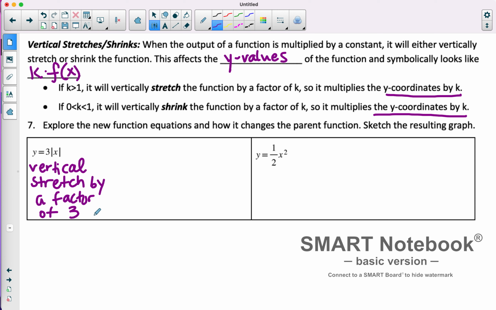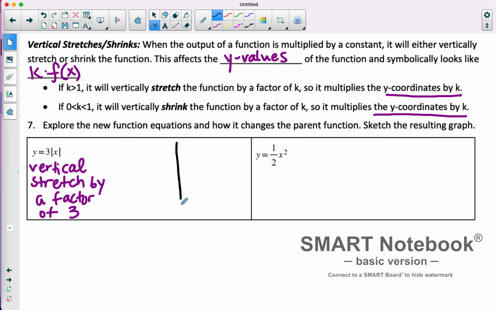That by a factor of 3 is really important as well, because if you just say it was a stretch, you're not explaining how it was stretched. If you don't include the word vertical, you also aren't explaining what type of stretch. So all of that is important in a complete answer. Vertical stretch by a factor of 3.